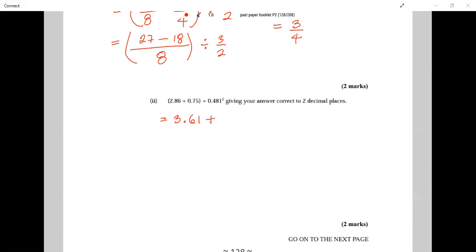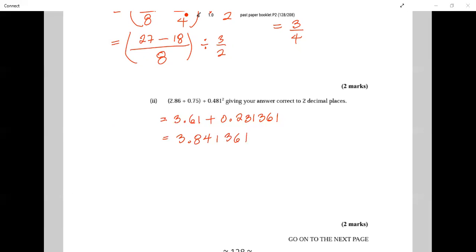0.481 squared. This is 0.231361 plus 3.61. And what we have here is 3.841361.